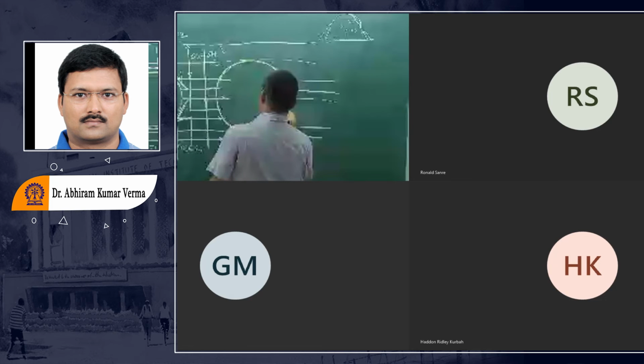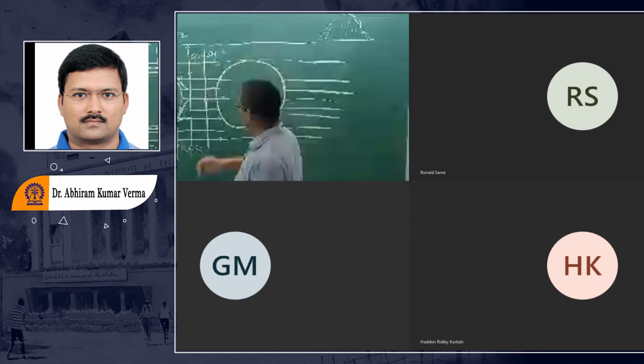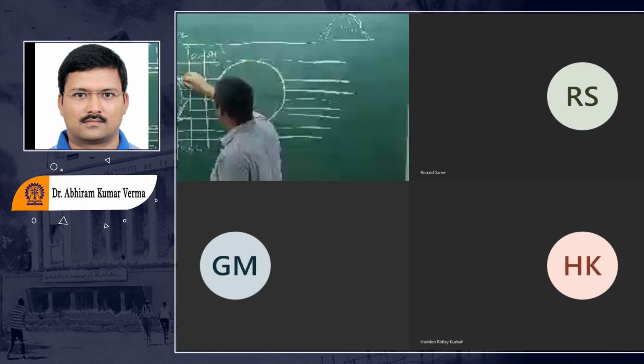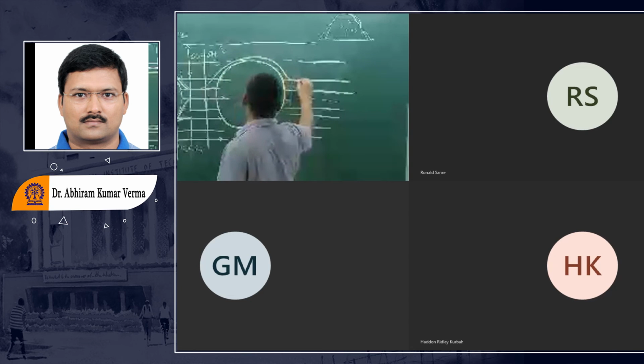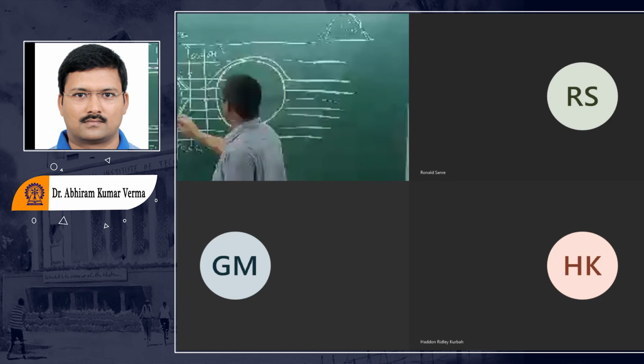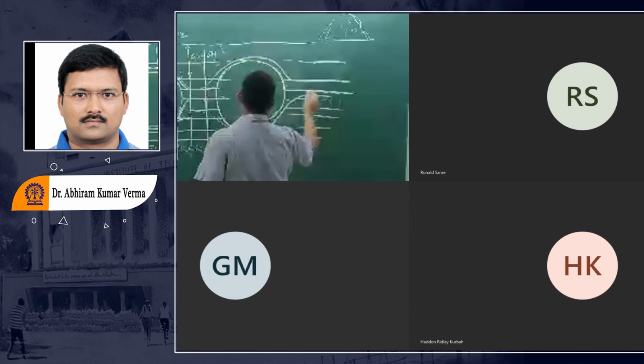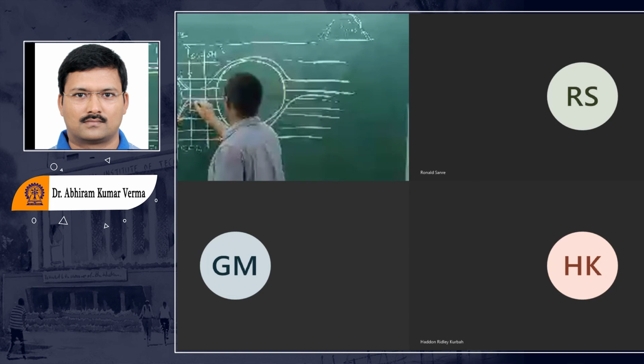What will happen to this area? Again, this stress field is going to be bounced back and again it is following something like this. It will not go just inside. It can bend somewhere and again go like this.